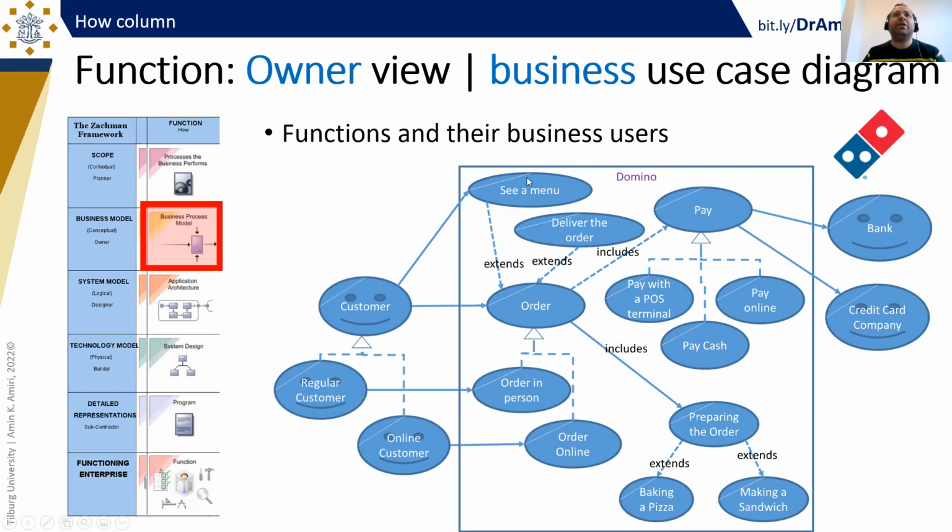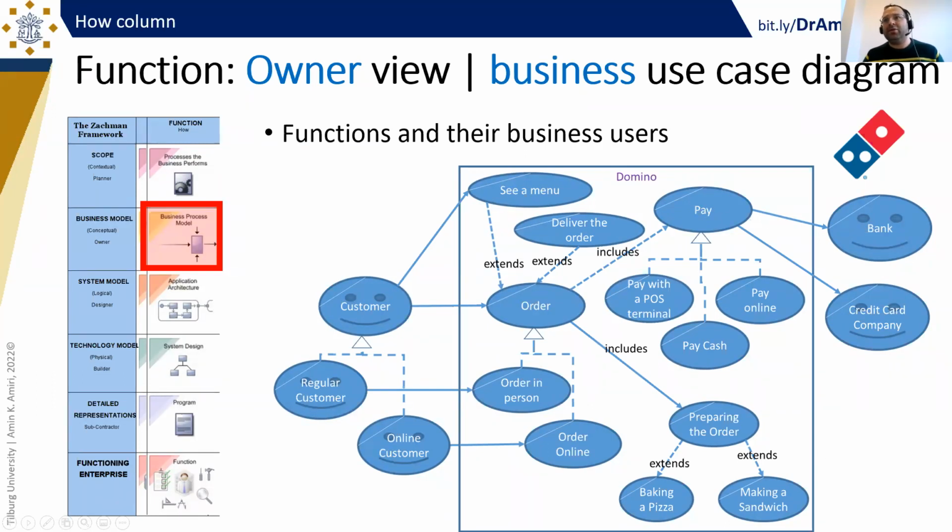Ordering requires seeing a menu. Ordering requires delivering the order. Ordering includes payment as well. But sometimes you may not do the payment through Domino. You may have some other ways to get the pizza for free. So there are various things here. You can see that the payment is initiated by the customer, but the bank or the credit card companies are also involved in that function.